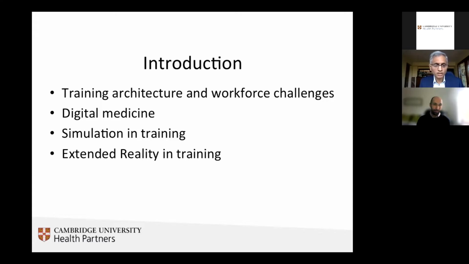For those who are non-medics, I thought I'd just introduce the process of how doctors are trained, then talk about some emerging issues around digital medicine, some of the training implications and leadership implications. In the second half of the talk, I'll talk about how simulation has been useful in the development of training, how it's helped with the COVID pandemic, and how it will help in the future in training our next healthcare workforce.